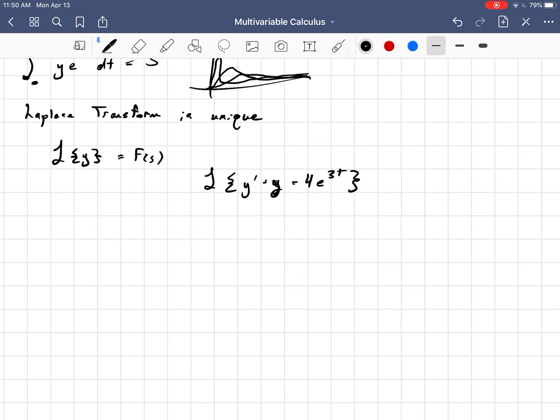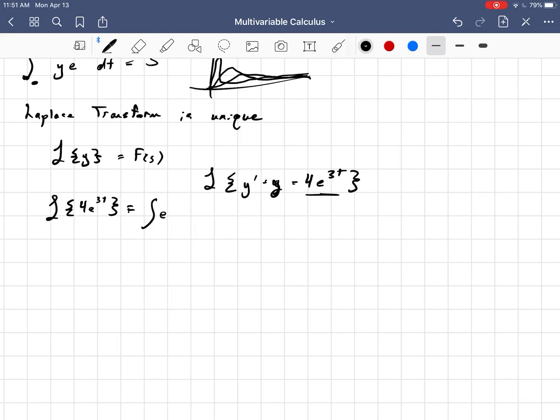So I go and I take the Laplace transform of both sides. Let me look at this one first. When I take the Laplace transform of 4e to the 3t, first of all, notice that the Laplace transform is an integral on itself. It's defined through an integral.